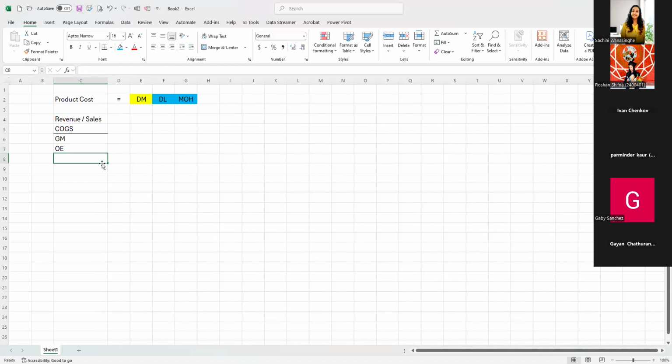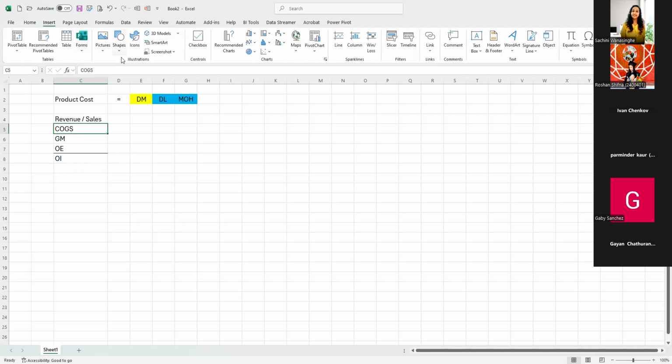And then we have the last calculation that's gonna give us net income or operating income. Let's go with operating income. So operating income is again a calculation between the gross margin and operating expenses. Now, what we're gonna do here is pull out the costs.